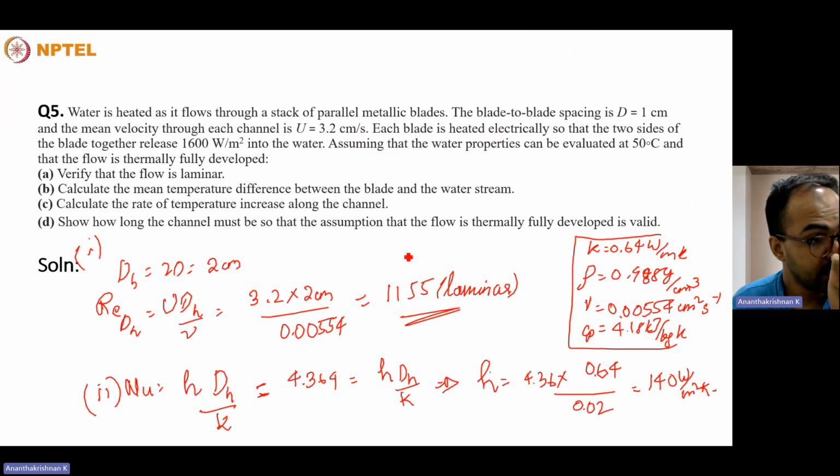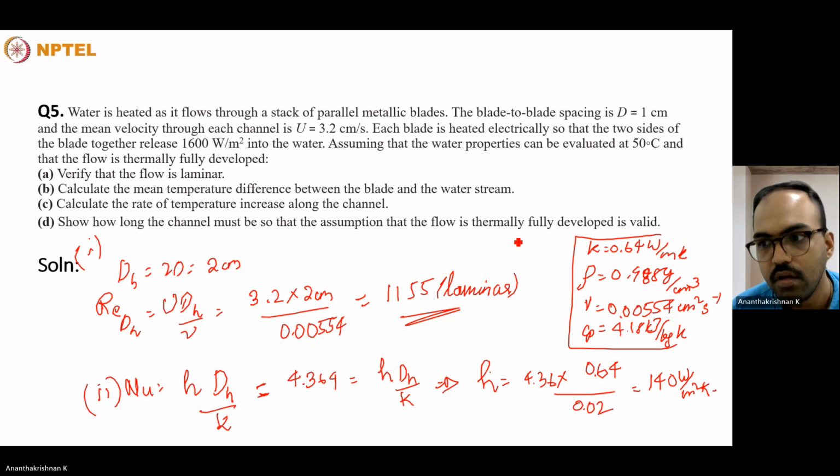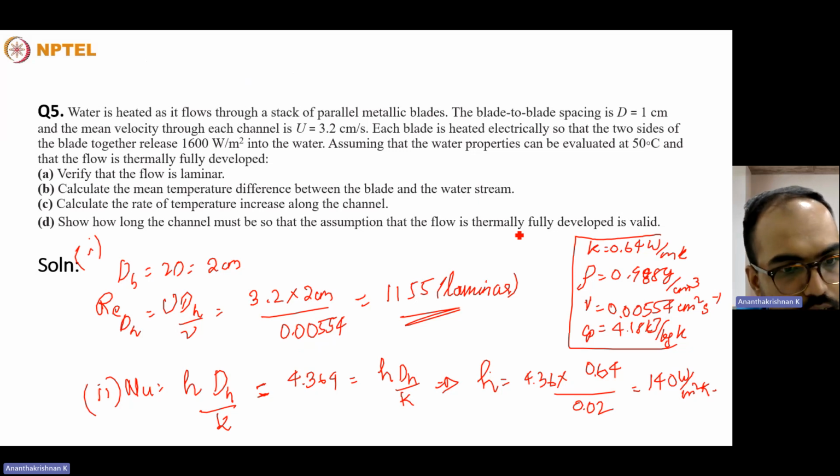For the last section of the problem, we have to show how long the channel must be so that the assumption that the flow is fully thermally developed is valid. For that, we need to calculate the entrance length. For the flow to be considered fully thermally developed, the entrance length parameter needs to be considered.